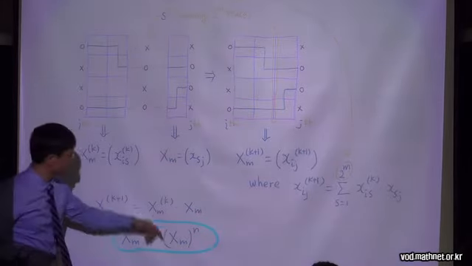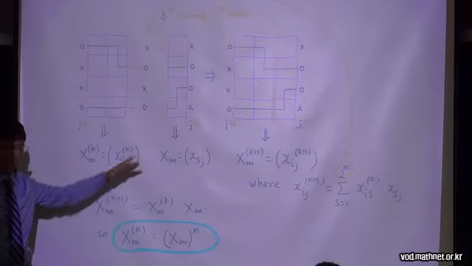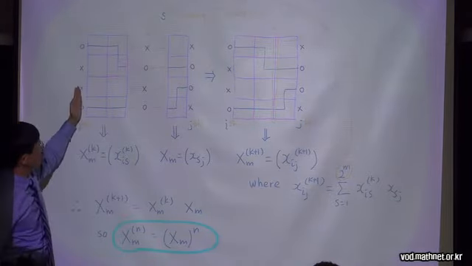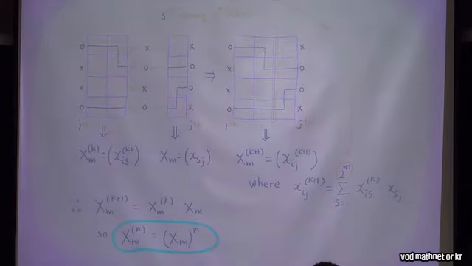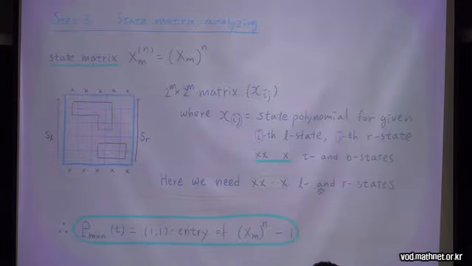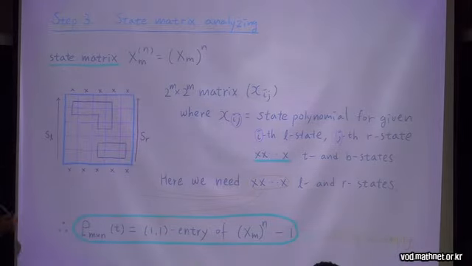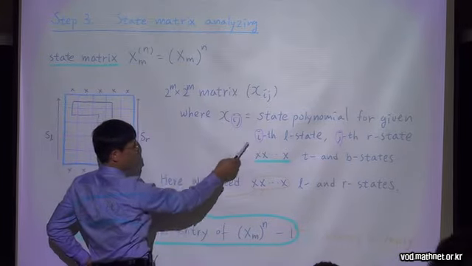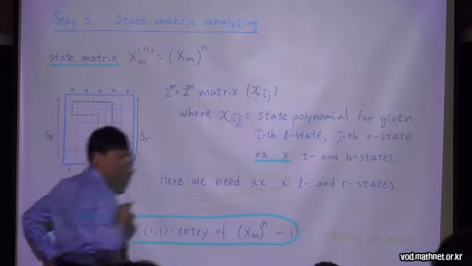Then this matrix indicates all the top states and all the bottom states, and the left states they have, and each entry has the i's left state and j's right state. So finally we analyze the state matrix. This matrix is also a 2^m times 2^m matrix, and each entry is a state polynomial for the i's L states and j's R states, and top and bottom we call trivial states.